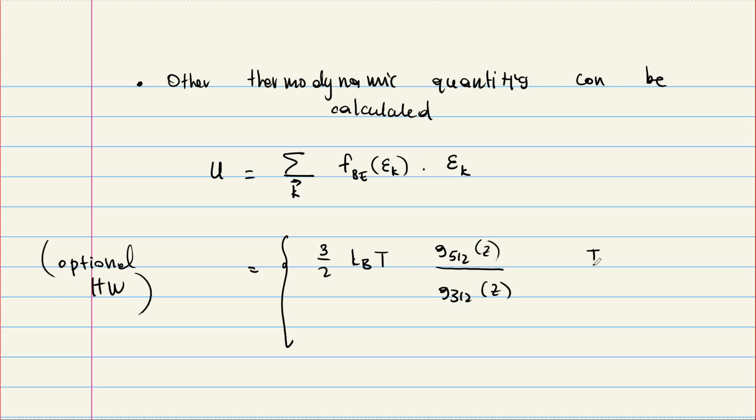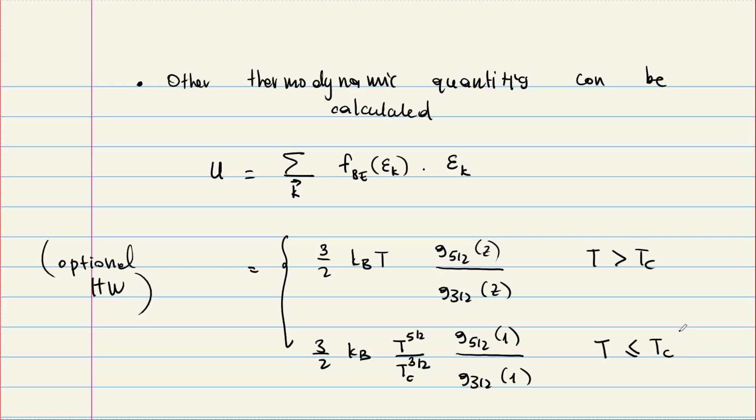This is for T bigger than Tc, and below it is 3/2 kB T to the 5/2 divided by Tc to the 3/2, which is the correct dimension, and this is g. Okay, exactly the same thing, but z is equal to 1 below. This is T is smaller than or equal to Tc.